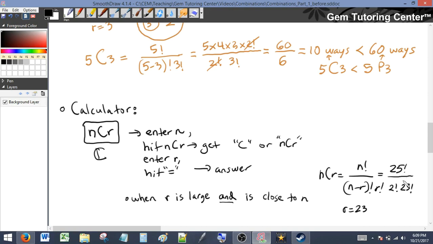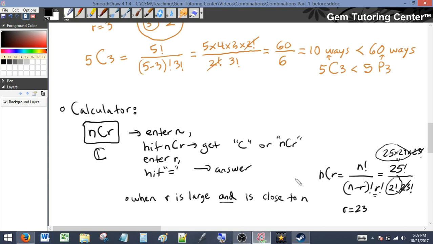So in this situation, it's nice because you'll get 25 times 24 times 23 factorial, and that will cancel with this, right? So you'll be left with this divided by 2 factorial. So for combinations, it may not be so critical that you use the calculator, because you have this factor here which cancels out with a big factor here.